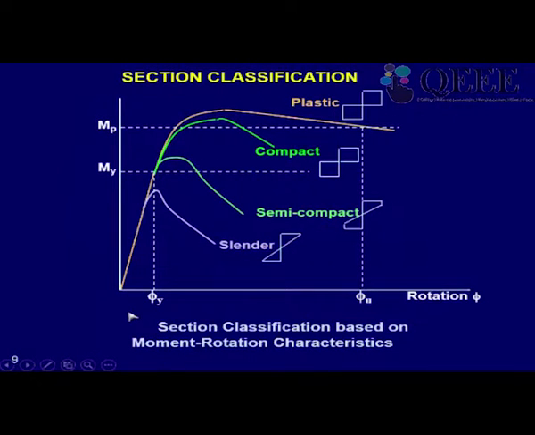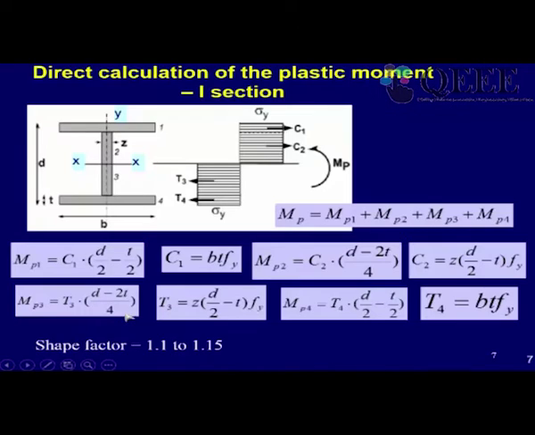Now let's take an I section like this. If you go on bending, first the flange will plastify, then the web will plastify, and then the entire section will plastify and you will get bending moment MP. But that may not happen if the width to thickness ratio is large.